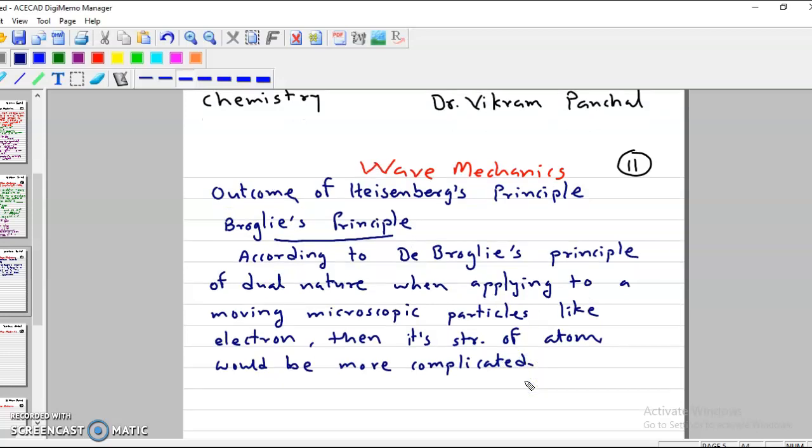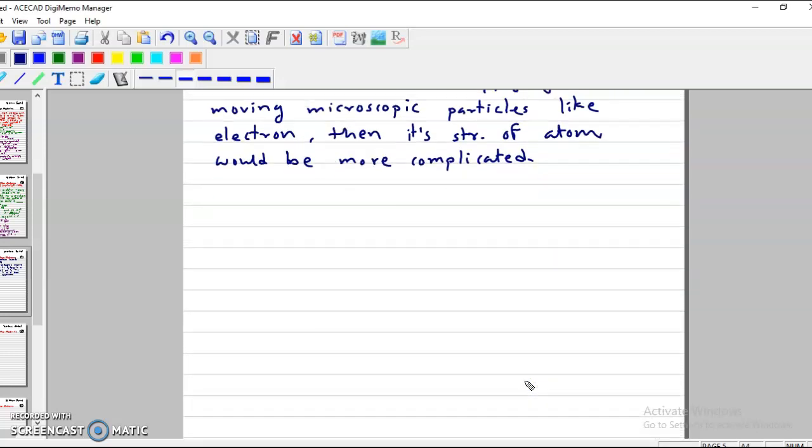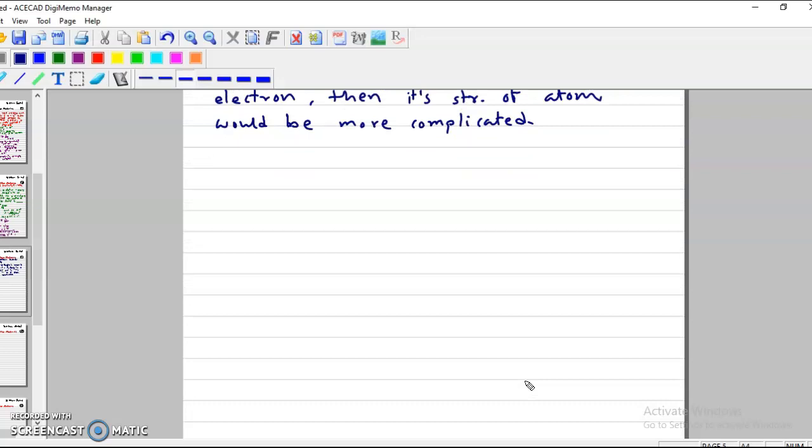So we can compare this with Bohr's model. Now we know what Bohr's model is. It has already been discussed and you know very well.